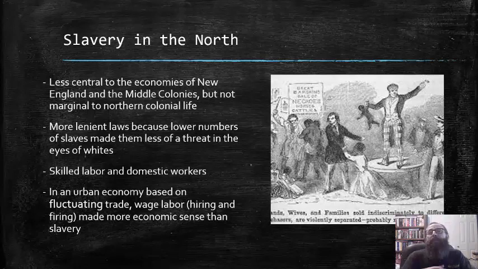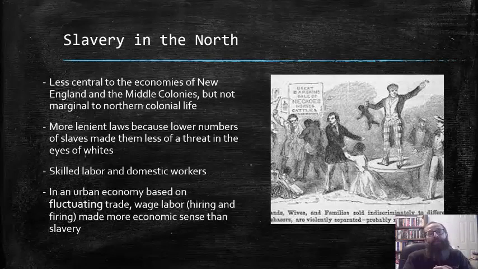So slavery in the New England and the middle colonies was much less central, much less important to the economies of those regions. But that's not necessarily to say that it was marginal to northern colonial life. Now, more lenient laws existed regarding both enslaved populations and the free black population because the lower numbers of slaves and free blacks made them less of a threat in the eyes of whites.